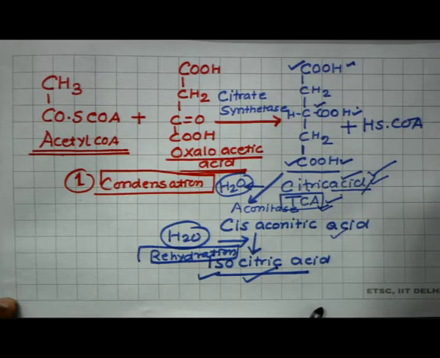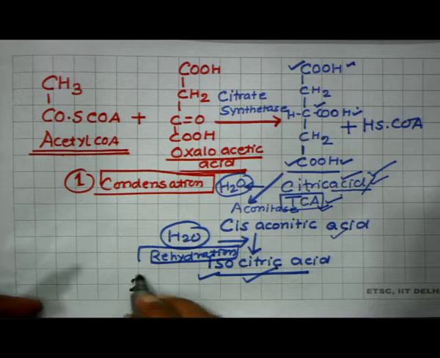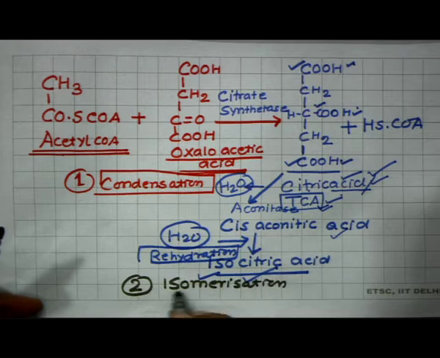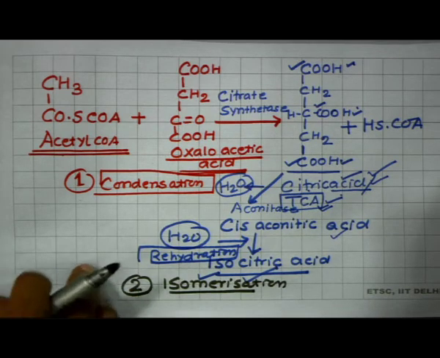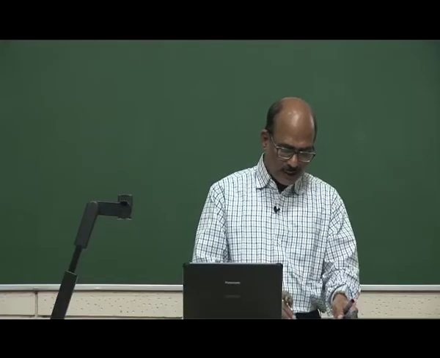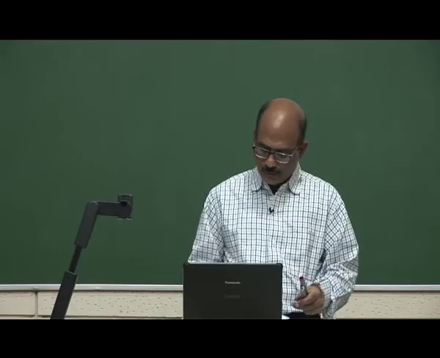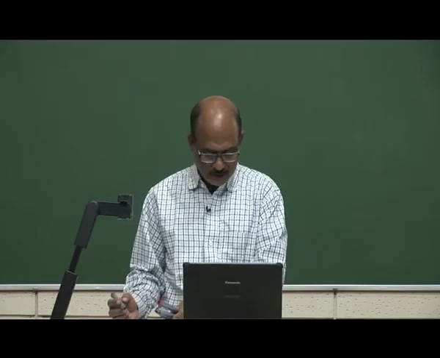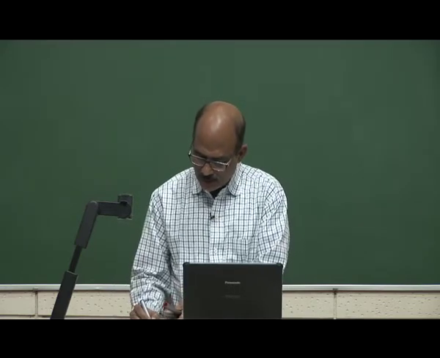So, this reaction, the second step, is called isomerization. So, in isomerization the citric acid is first converted into cis-aconitic acid and the cis-aconitic acid is converted into isocitric acid.